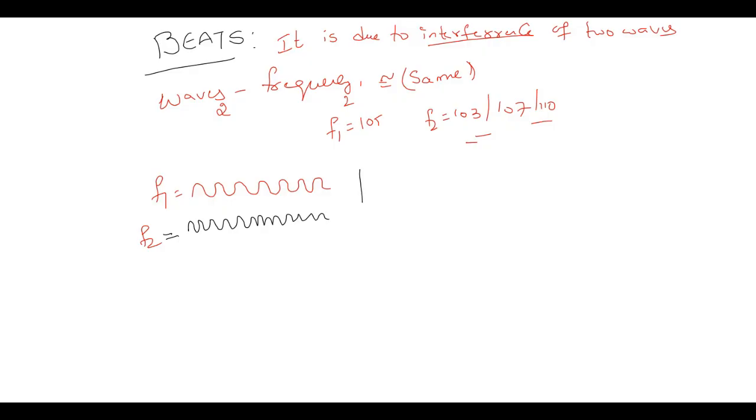So what happens when they both get superimposed? Interference means superimposition. So when these two waves superimpose, let us take the first wave, this is the first wave. Let us take the second wave. They both got superimposed.